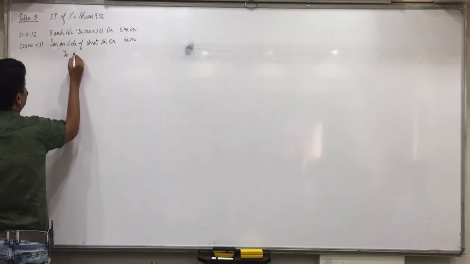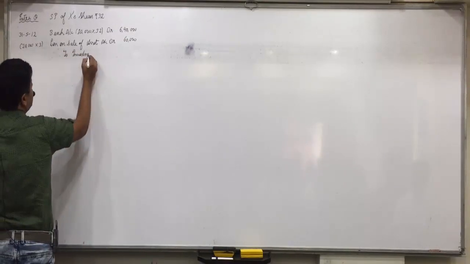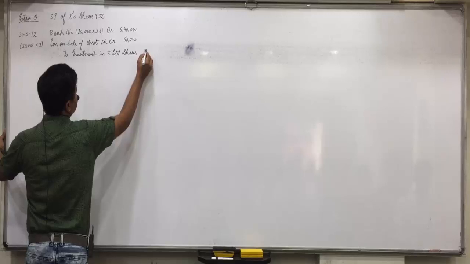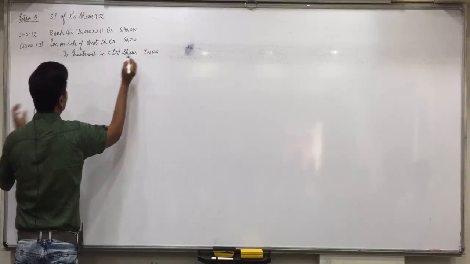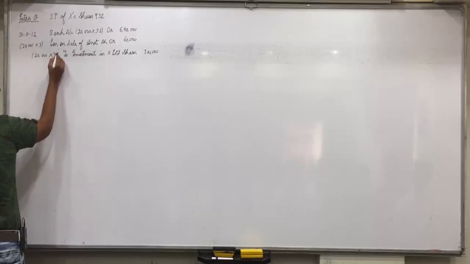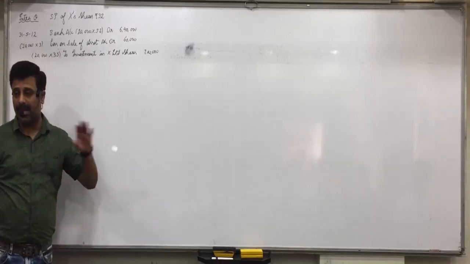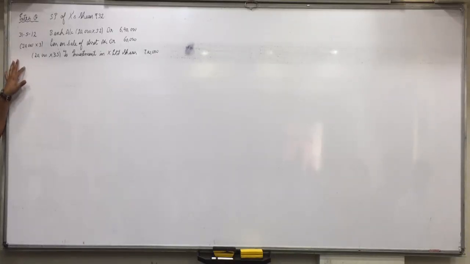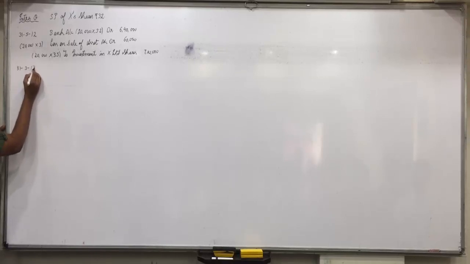And to investments in X Limited's shares with 7 lakh rupees, that is the full cost of 20,000 into 35. This is the first entry we would pass on 31st May for selling it. In the earlier question it was sold at 35, so accordingly we passed the entry. Now it is sold at 32 rupees, so accordingly we pass the entry. Any confusion with that?